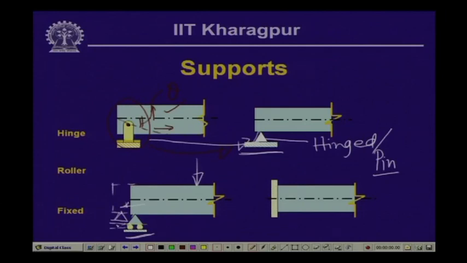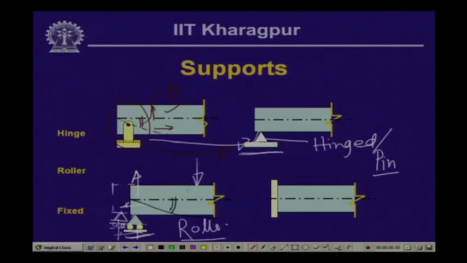Since it is supported on the roller, the horizontal movement is possible, but the movement in the vertical direction is restricted. Also, it can have rotation as we had in the previous case for a hinge support. This kind of support we generally call the roller support.